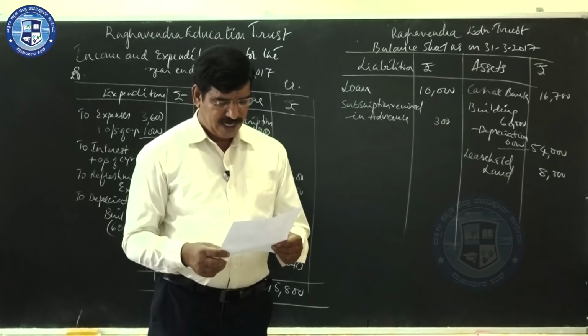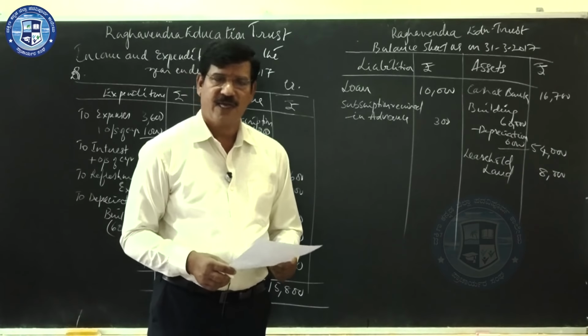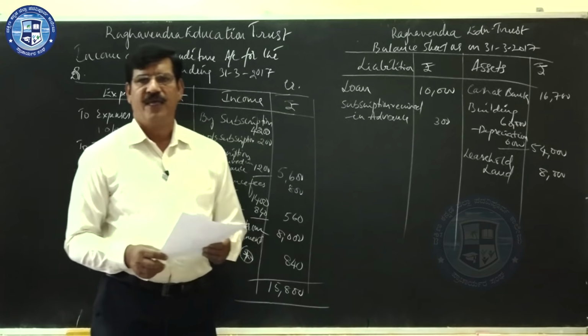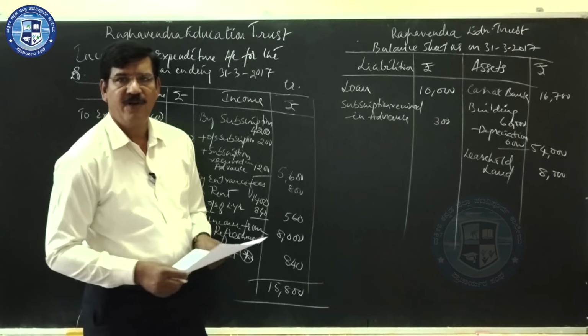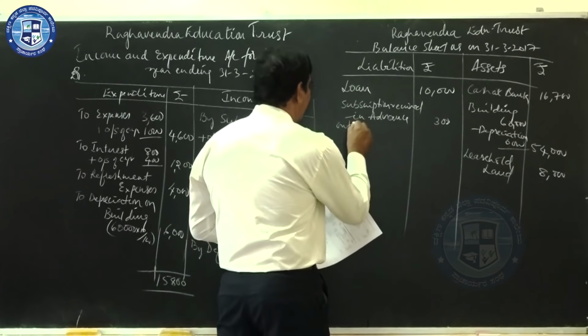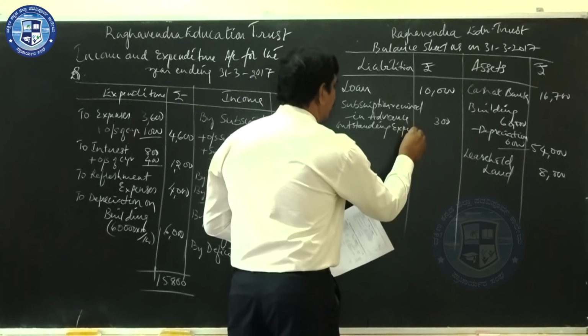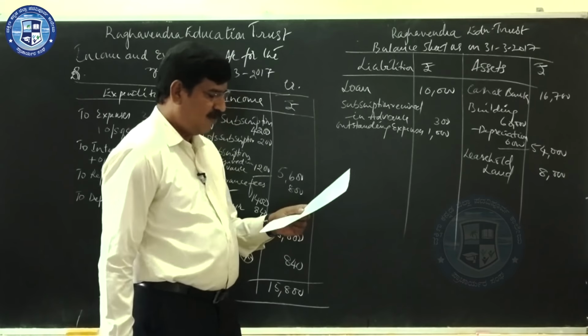So look at the adjustments. All the adjustments should be entered twice, or double effect has to be given. Expenses due but not paid, 1,000. Outstanding expenses should be considered as a liability. So outstanding expenses, 1,000.